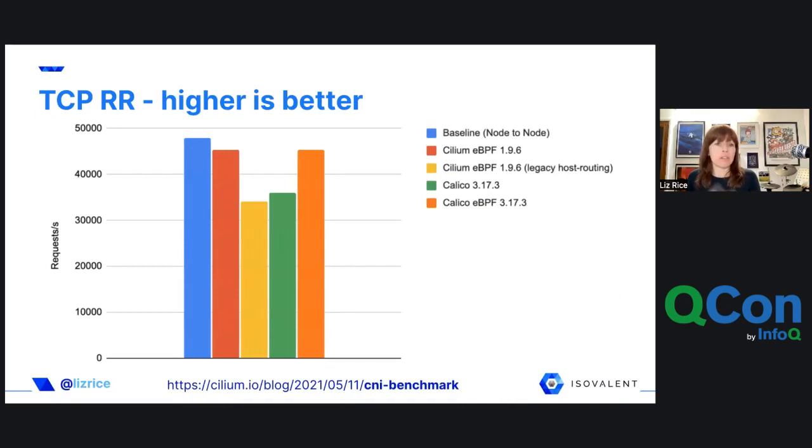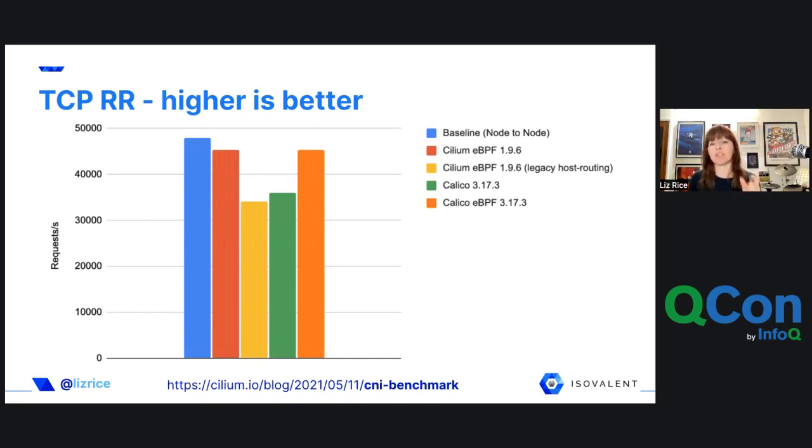And it is measurably faster. Whether you're using Cilium or other implementations of eBPF networking, that ability to bypass the kernel's networking stack on the host gives us measurable performance improvements. We can see here that the blue line on the left is the request response rate, the number of requests per second, that we can achieve without any containers at all, just directly sending and receiving traffic between nodes.